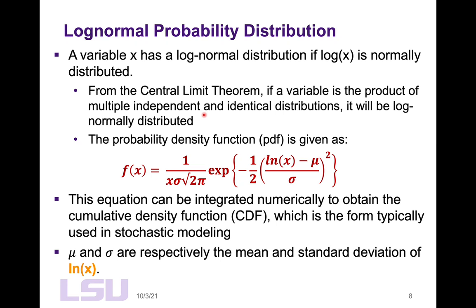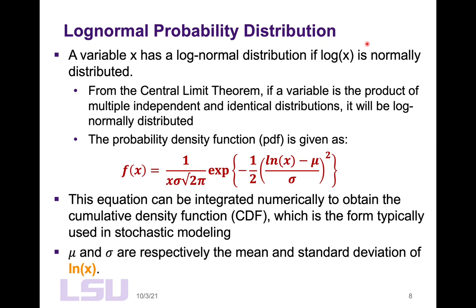You see that? So in the normal distribution, you just plotted the frequencies against the random variable x on the x-axis. If instead of the random variable x, you plot the natural logarithm of the random variable x on the x-axis, and then it's normally distributed, what you have is a log normal probability distribution. So that's what I explained here, that the variable x has a log normal distribution if log x, the natural logarithm of x, is normally distributed.